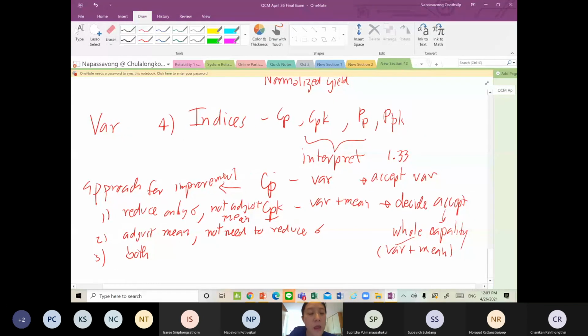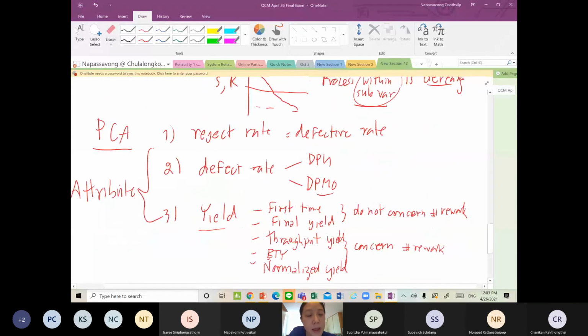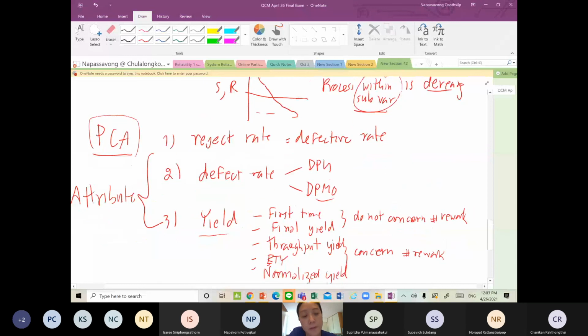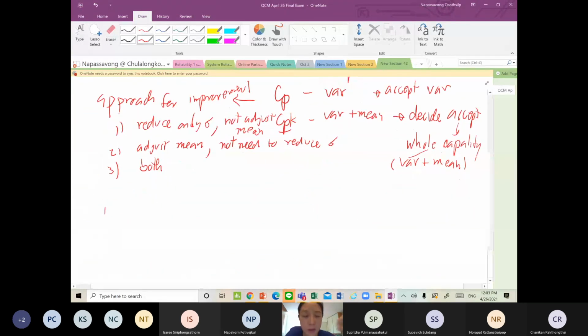And for MSA, we have learned today about bias and linearity. So you should be able to do what we have done in the workshop.